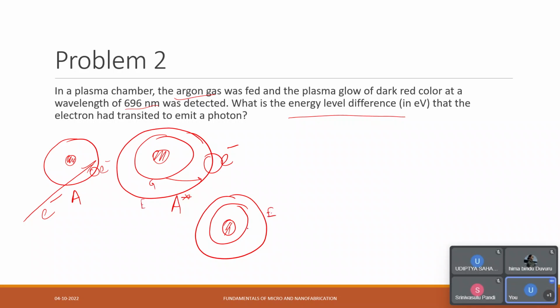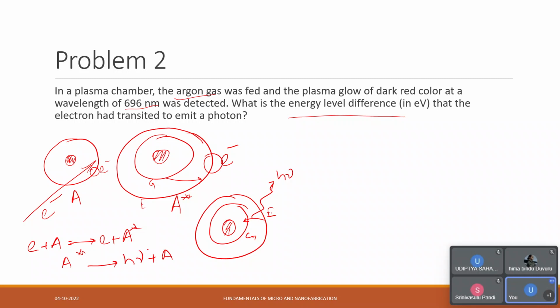So excited and ground. So when it comes down to this, emission is in the form of h nu, photon emission is there. Okay, so essentially if you see it, it is like this electron plus A is giving A star, and then this A star is coming down to h nu.